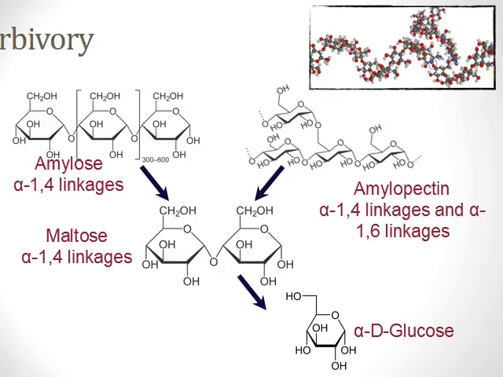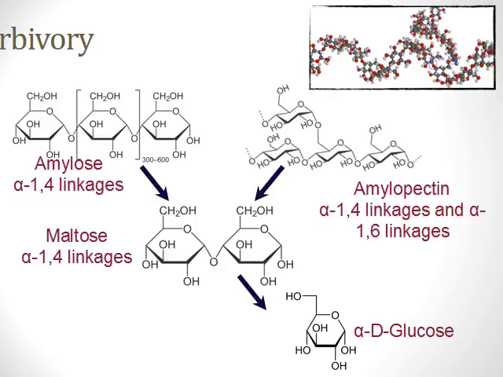Amylopectin has a glucose molecule here, glucose molecule here, glucose molecule there, and has an alpha-1,6 linkage right here, meaning the number 1 carbon on this particular glucose connects to the 6th carbon on the other glucose. So these linkages aren't too important.